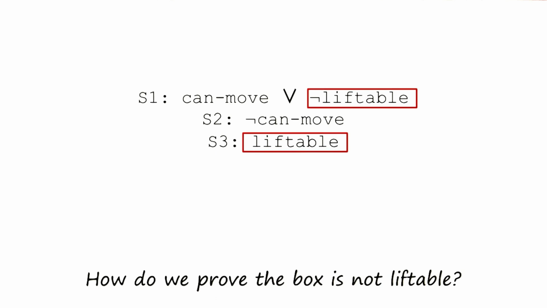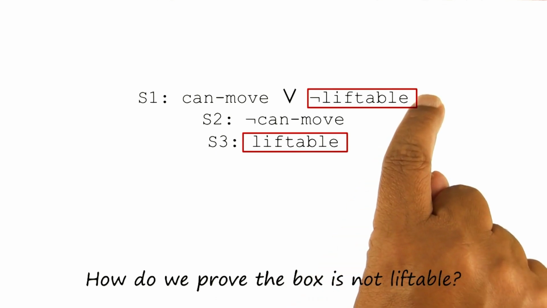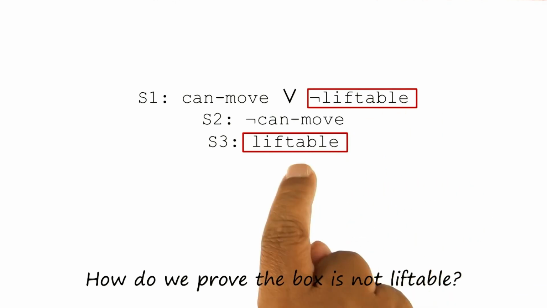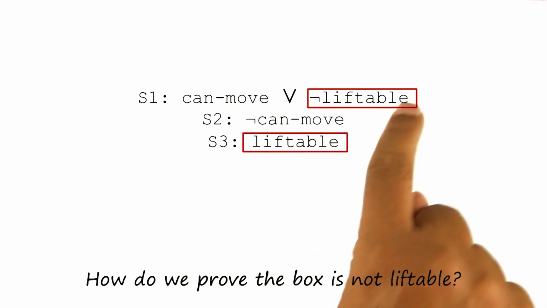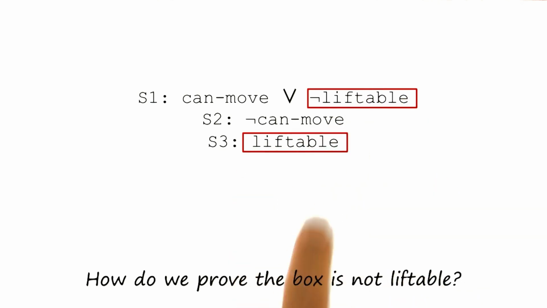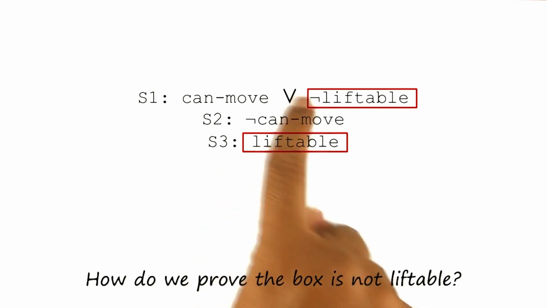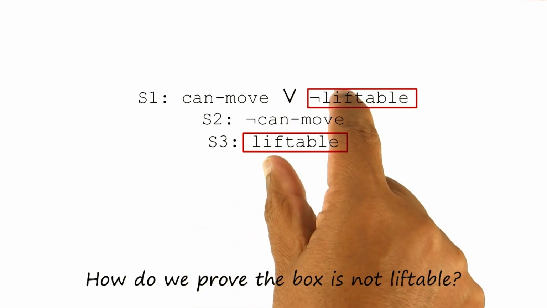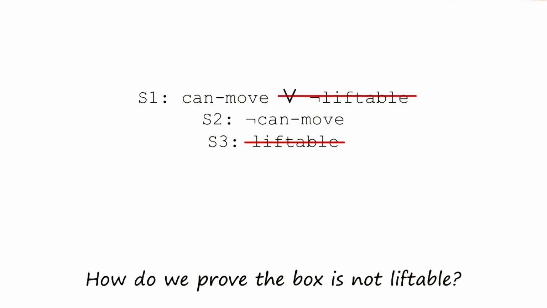Note how efficient it was to decide which sentence in the knowledge base to go to. The sentence contained a negation of the literal. So liftable and not liftable cannot both be true. We know that, and therefore we can eliminate them. This is called resolution. We resolve on liftable and we remove them from the sentences.